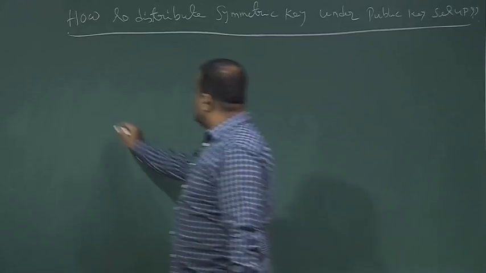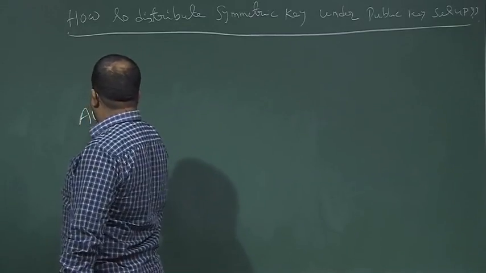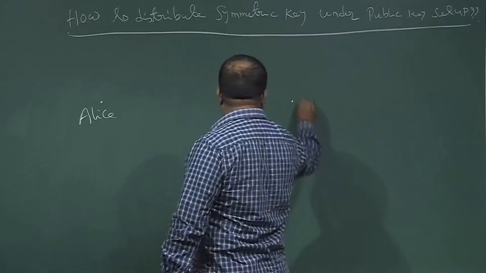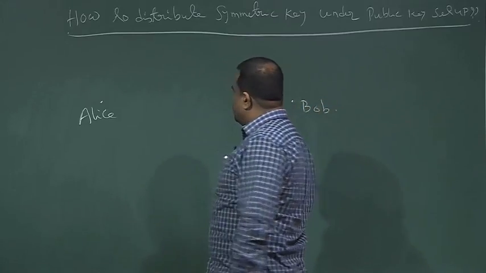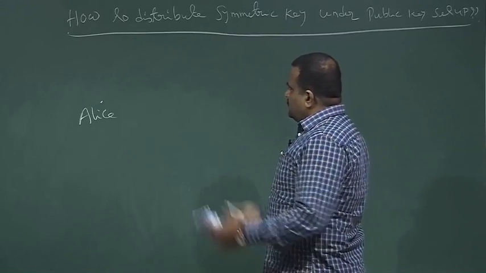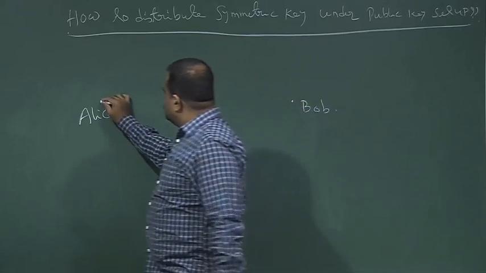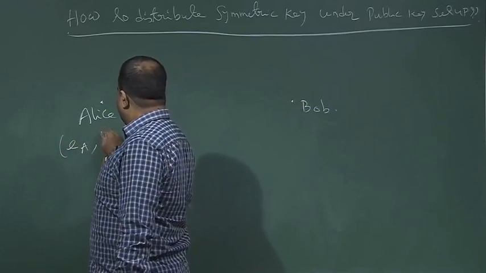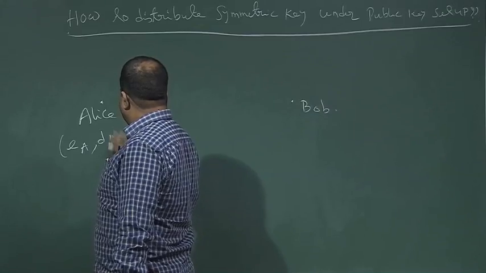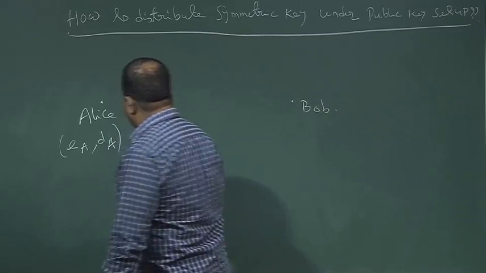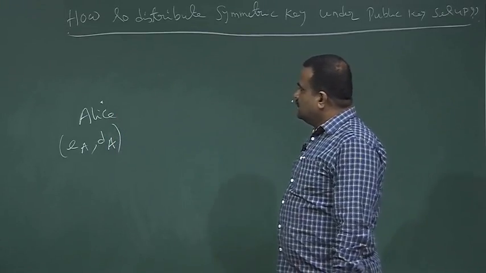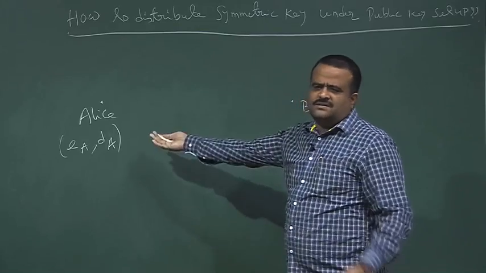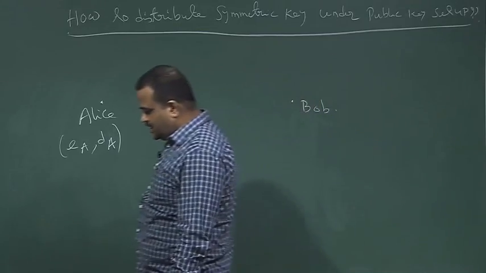So suppose Alice and Bob are two parties under the public key setup. Suppose Alice generates her public key and private key pair. It could be RSA or any other public key crypto system.